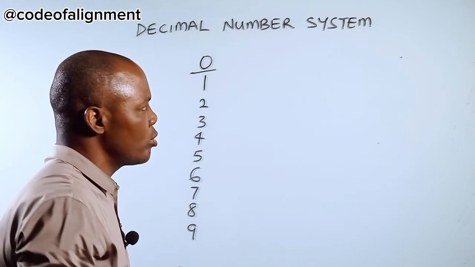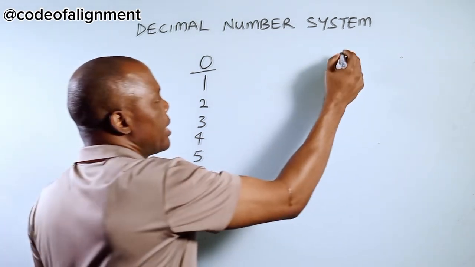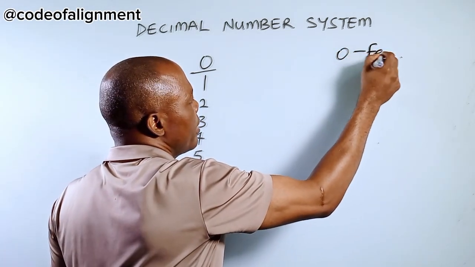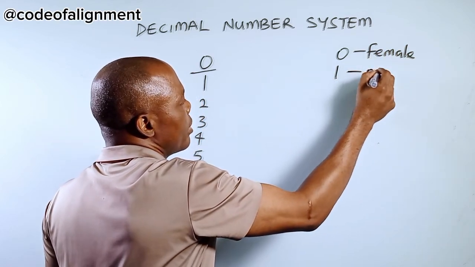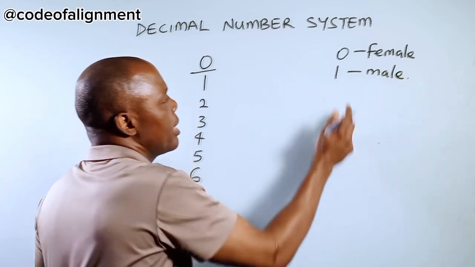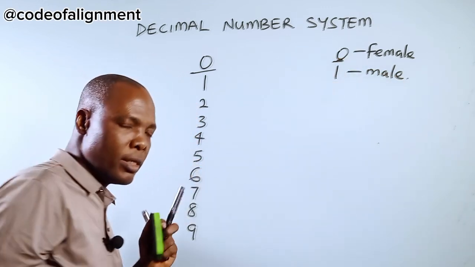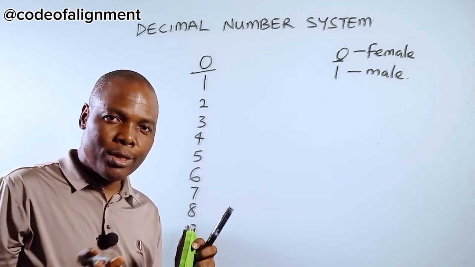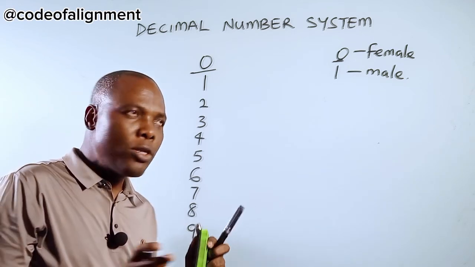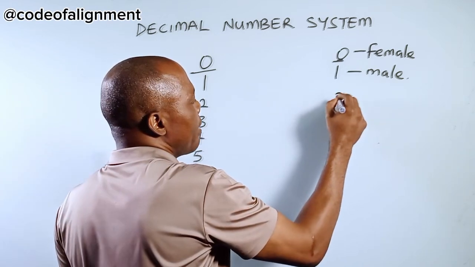In the last class, I told you, let us agree that this symbol is female, and let us agree that this symbol is male. Now, this symbol is not nothing. 0 doesn't mean nothing. Don't be deceived. 0 simply means placeholder.